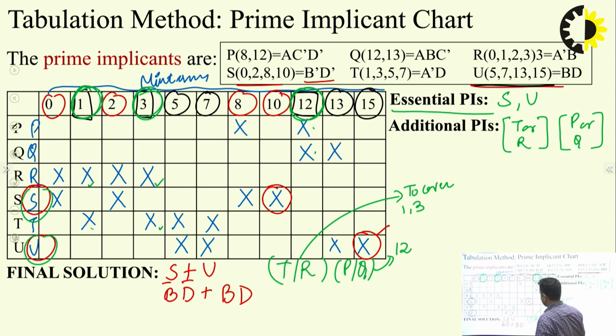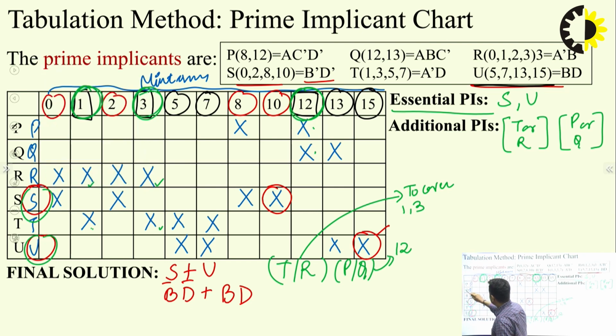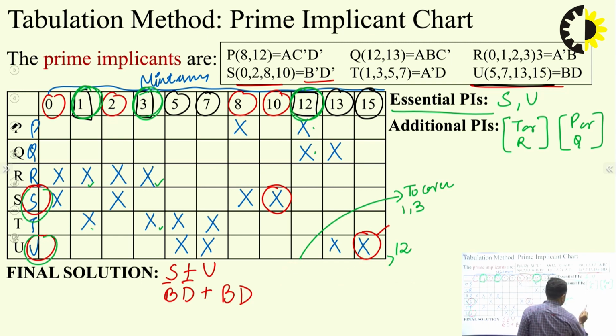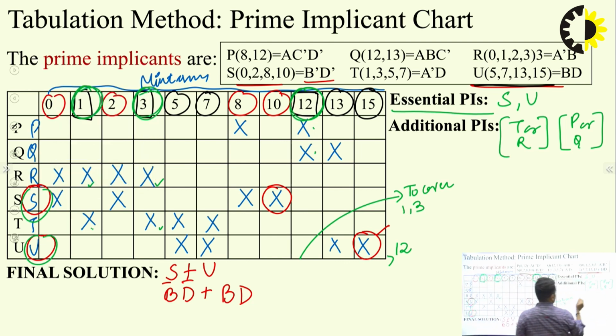So let's say I'm choosing one of them to write the complete answer. I am deleting it and choosing T from this side, and P from this side.